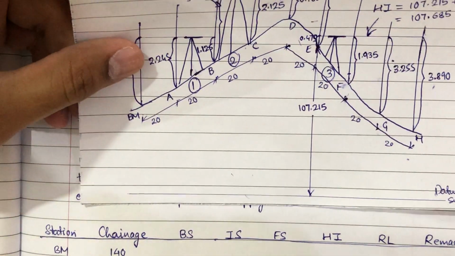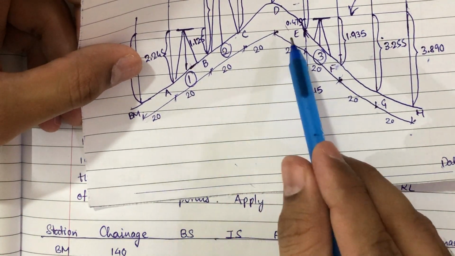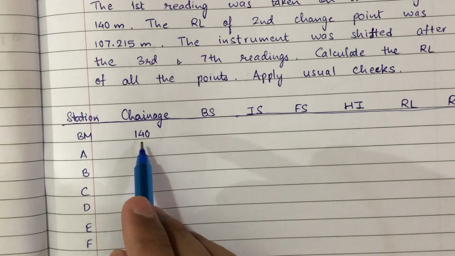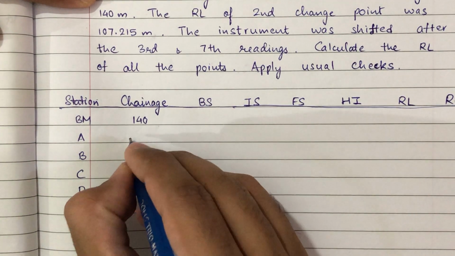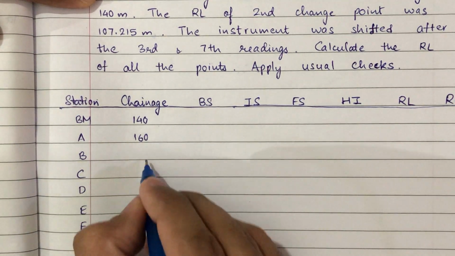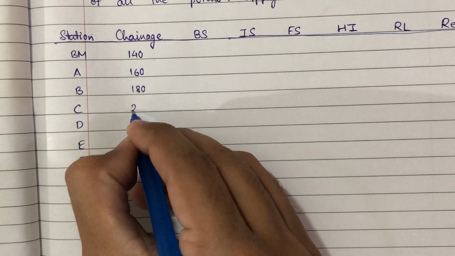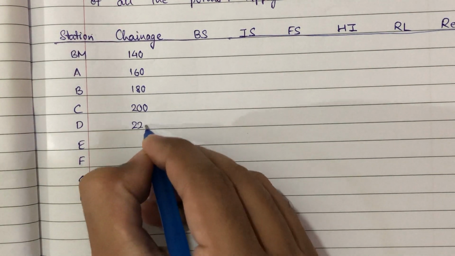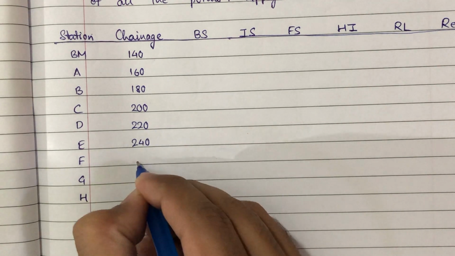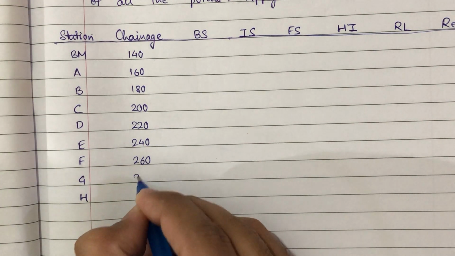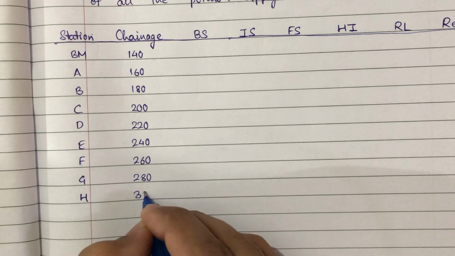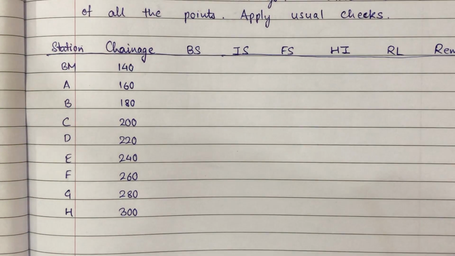So first reading is 140, then the second reading will be plus 20, that is 160. Then you have to add 20 to each and every point. This will be 180, then 200, 220, 240, 260, 280 and finally 300.